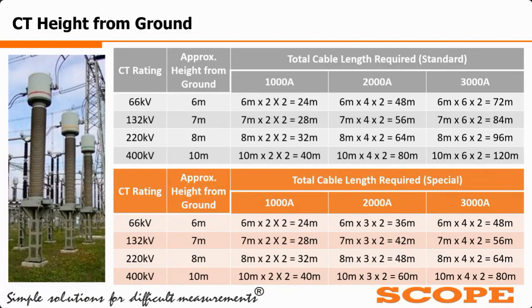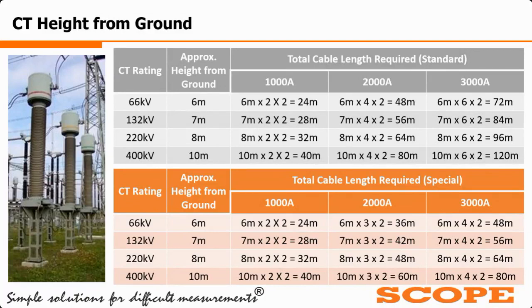So by calculation of standard type cable and specialized type copper cable, you can see for 66 kV CT rating, for 3000 ampere, we require around 72 meter. For specialized type cable, for 66 kV testing, we require only 48 meter. Similarly, for 400 kV, for standard type cable, we require 120 meter cable length, and for CT testing at 400 kV with specialized type copper cable, we require only 80 meter.